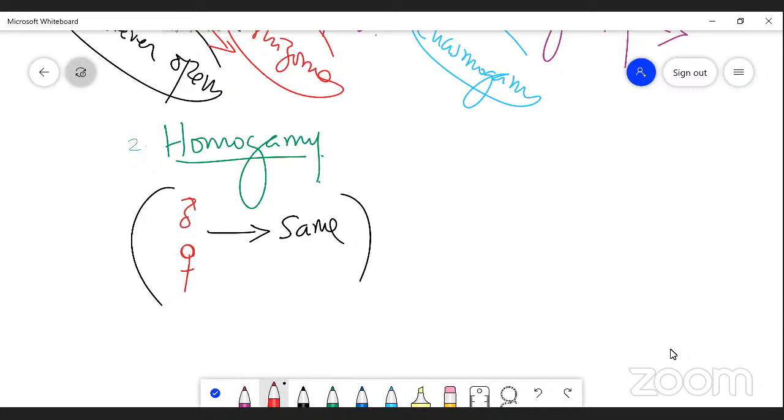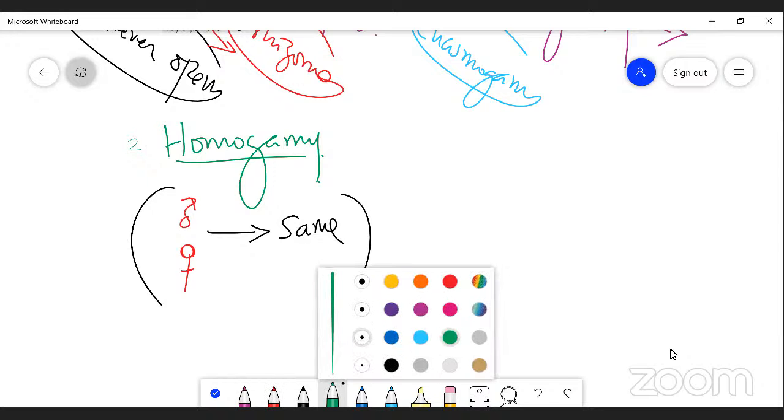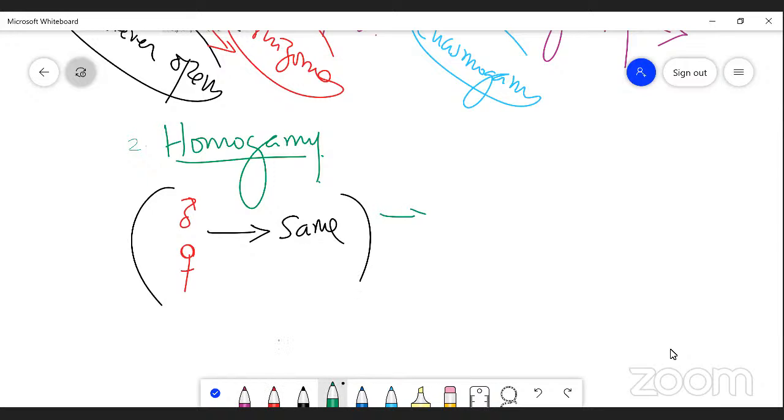For that, I would like to give some examples of a homogamous flower. In the case of Catharanthus roseus flower, and one more, Mirabilis jalapa.